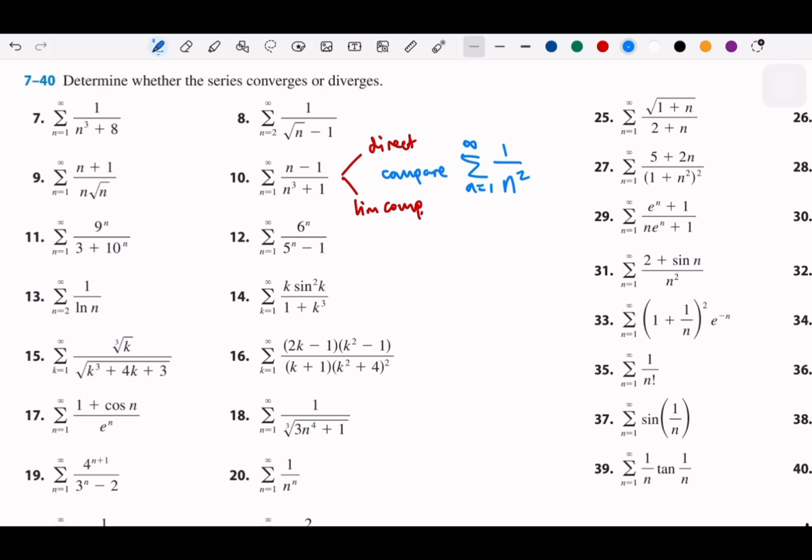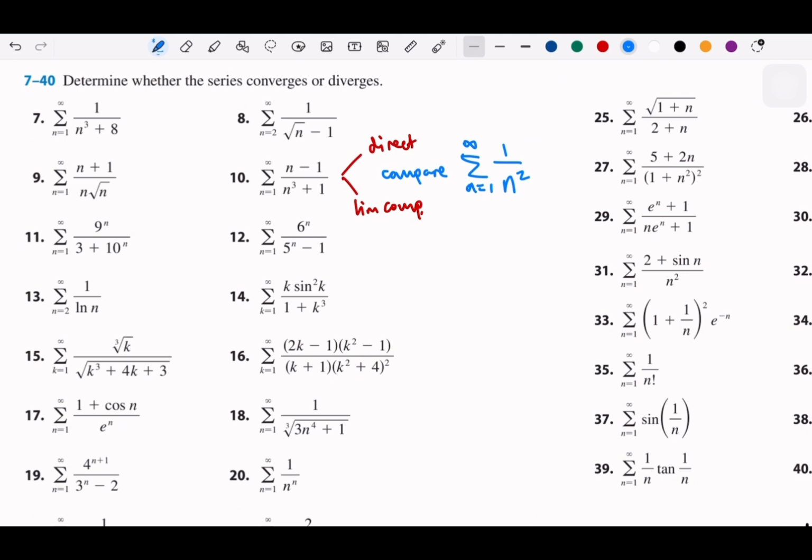I think this is correct. So this is a limit comparison test. I think this also works for direct comparison, as long as we can prove that the inequality is correct.